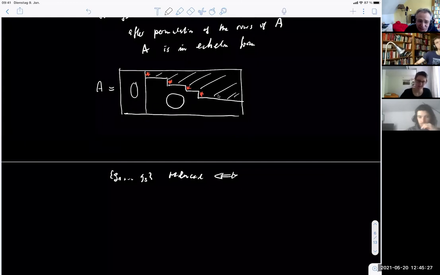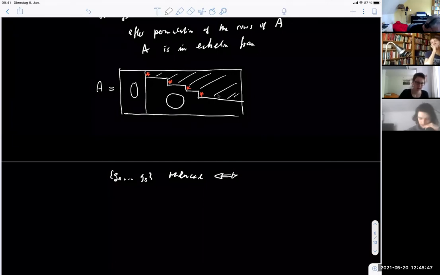Yeah, okay, what is reduced echelon form? Because I always forget these names. I would say the red entries are normed to 1, and above the red entries are zeros. Correct. And this is called reduced echelon form. How nice.